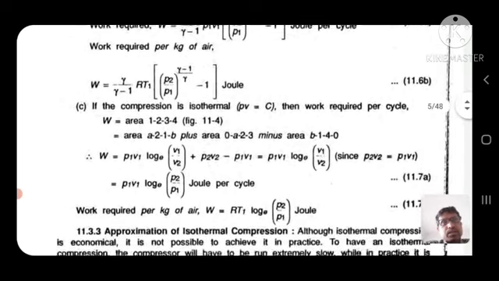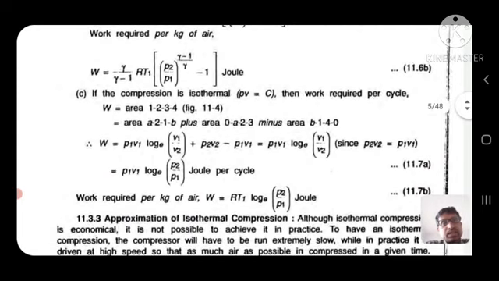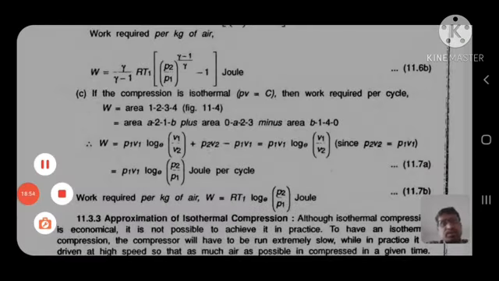So the work required per kg of air W is equal to gamma by (gamma minus 1) R T1 [(P2 by P1) to the power (gamma minus 1) by gamma, minus 1] joule.